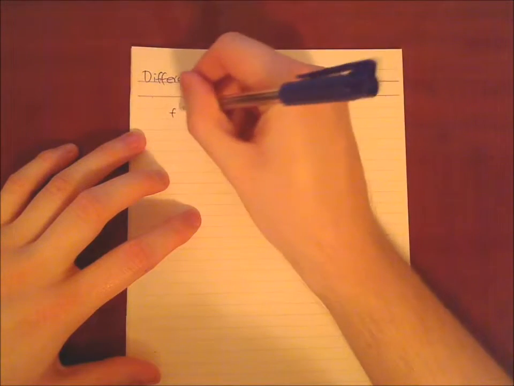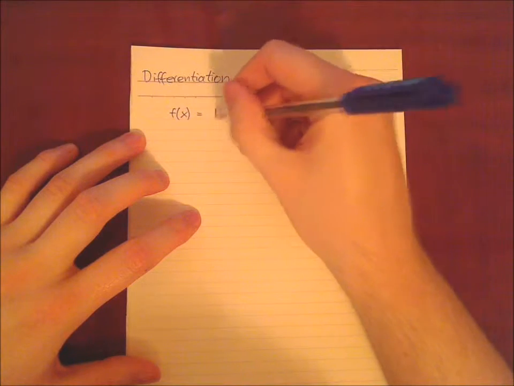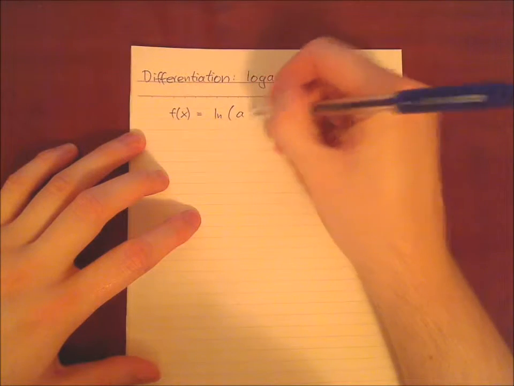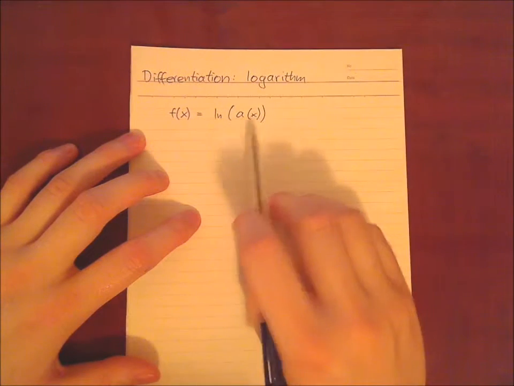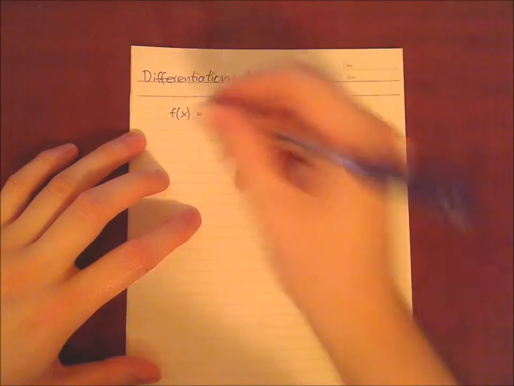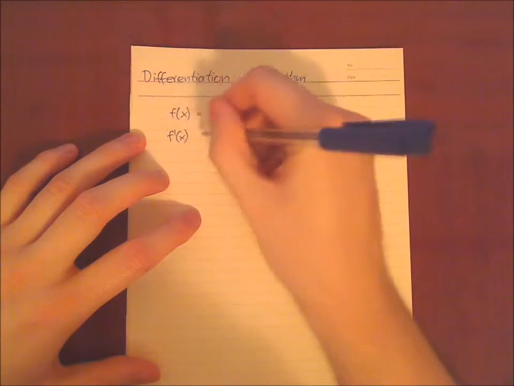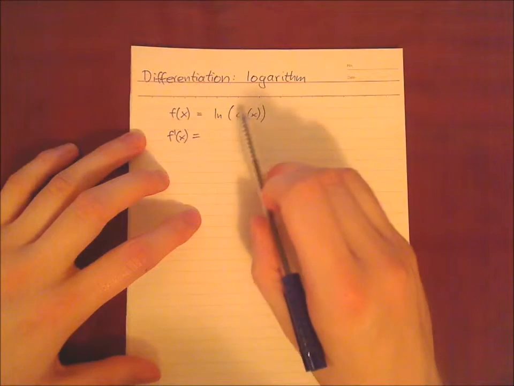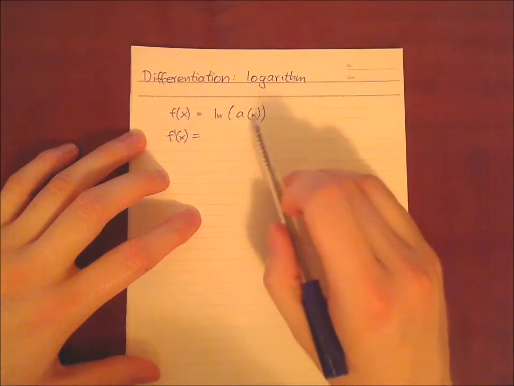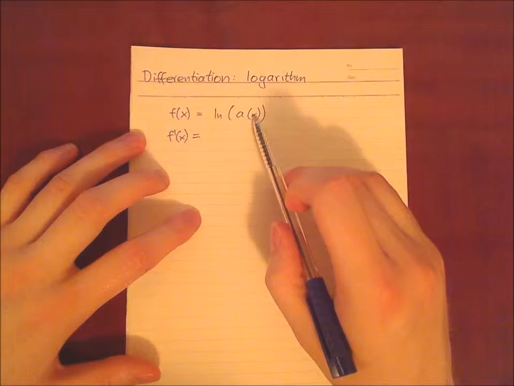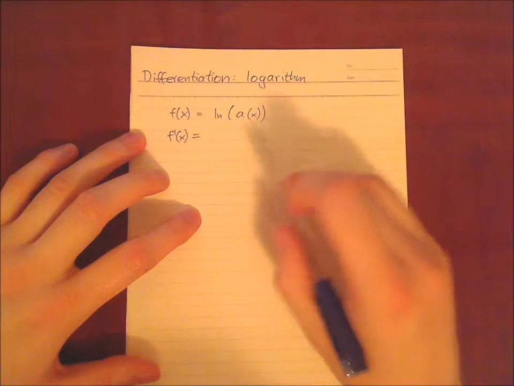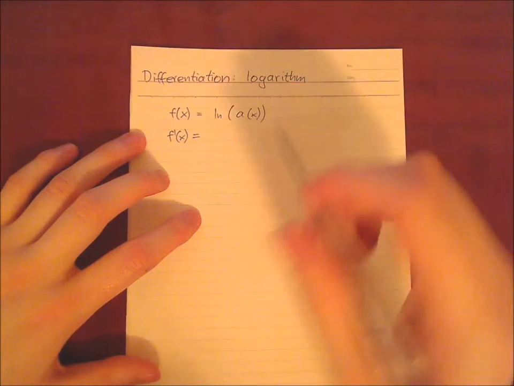So what you do is, if you have a logarithm like this, and you have a function which depends on x in the argument of the logarithm, then the way you differentiate is you take the derivative of the argument in the numerator and the inner part, the argument, in the denominator.